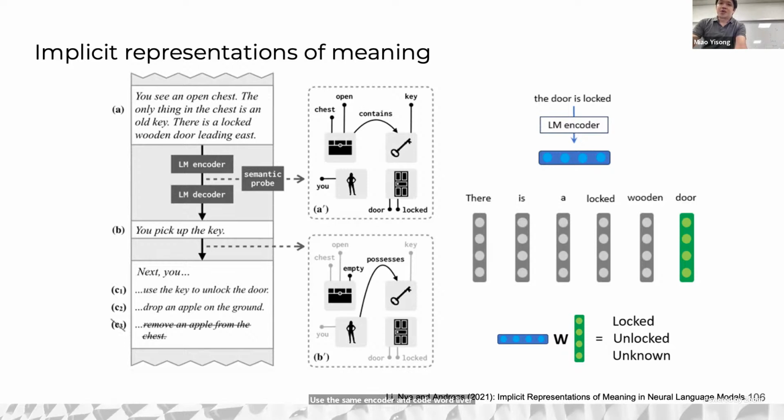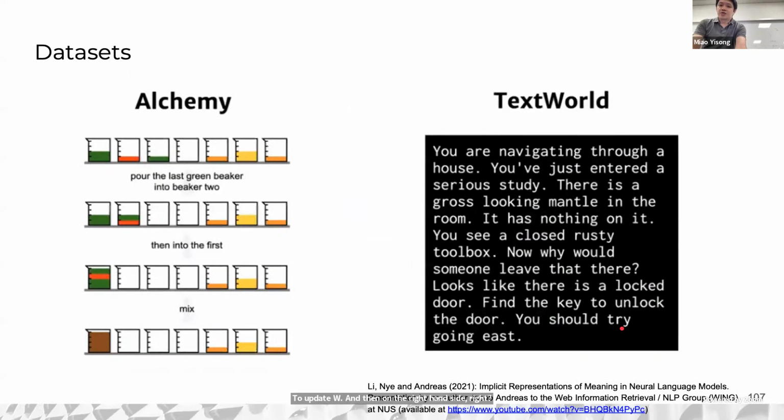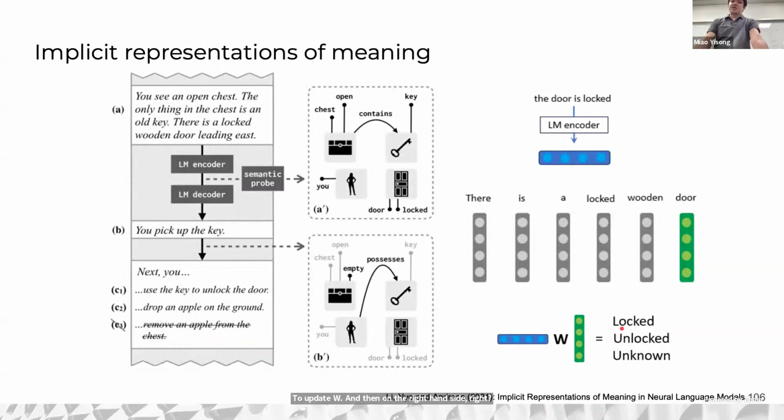Then you take the door word-level encoding. And then finally, you train your linear classifier to update W. On the right-hand side is your truth value. In this case, it's locked, but you could have locked, unlocked, or unknown.